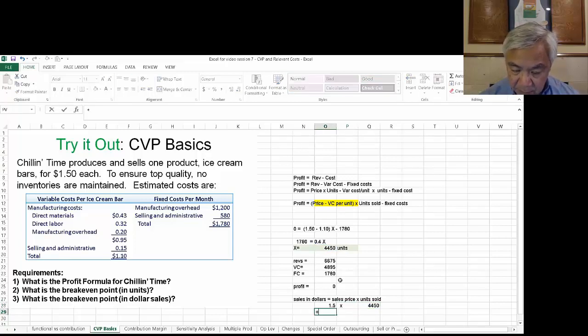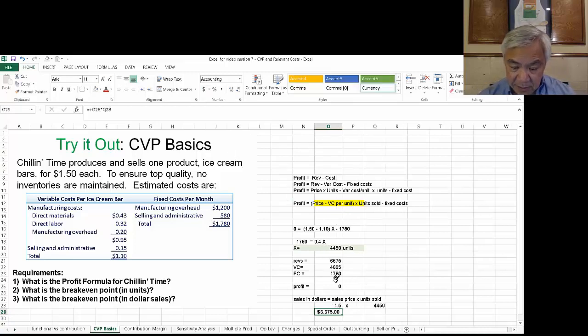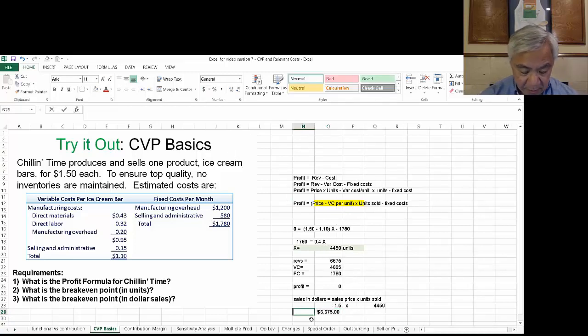That will equal 6,675 is the dollars. So I'll make that very clear. That's dollars, and those are units. This is break even in dollars, and we'll highlight that one too. This is the break even in units.